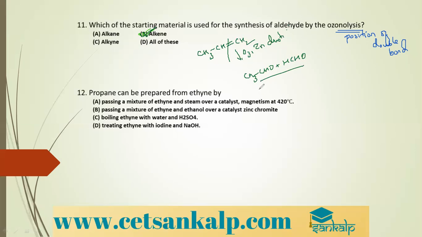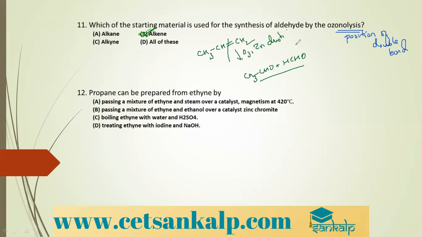So looking at the products, you can judge where the double bond is. You are getting two different products. The products may be the same aldehydes, different aldehydes, an aldehyde and a ketone, the same ketones, or different ketones. It depends on this. We cannot always say that we always get an aldehyde or always get a ketone.